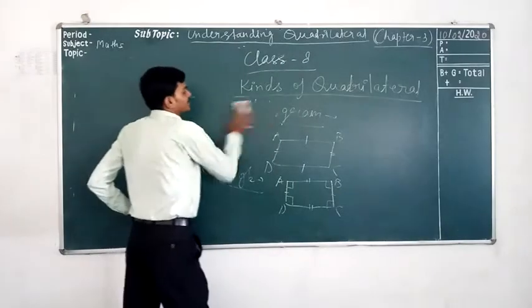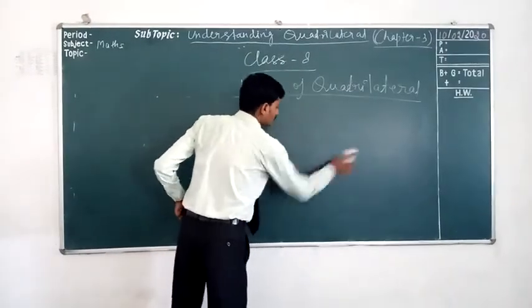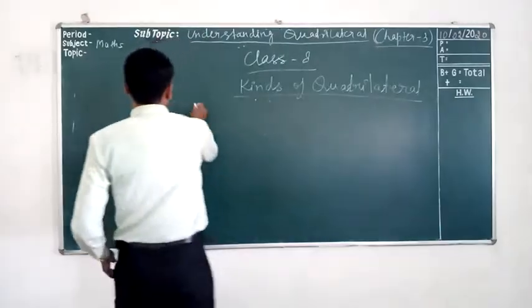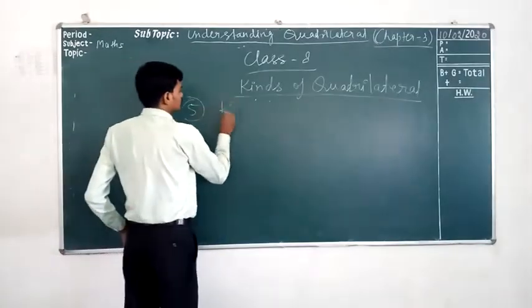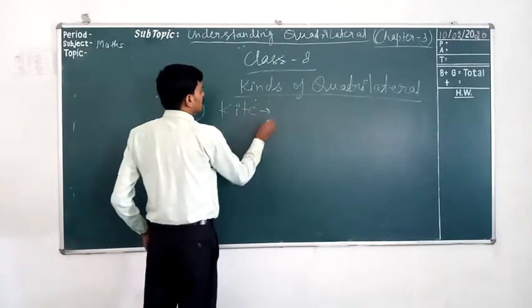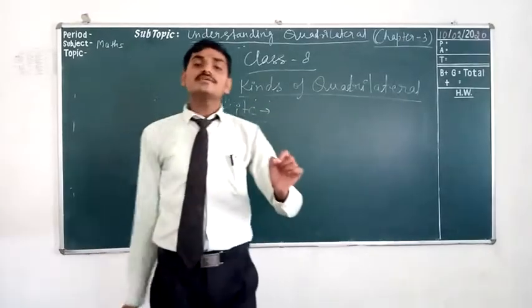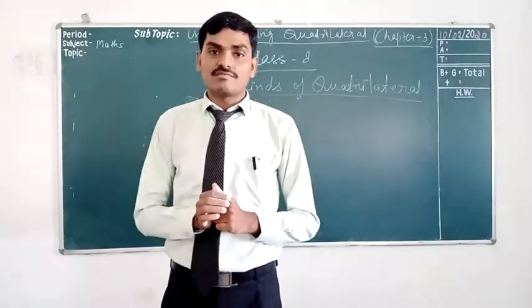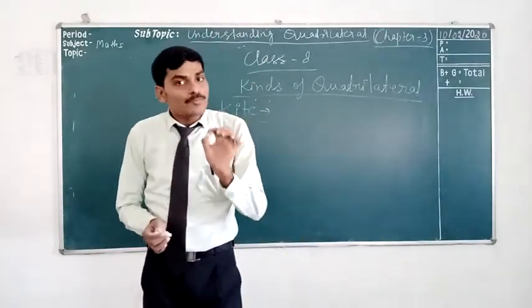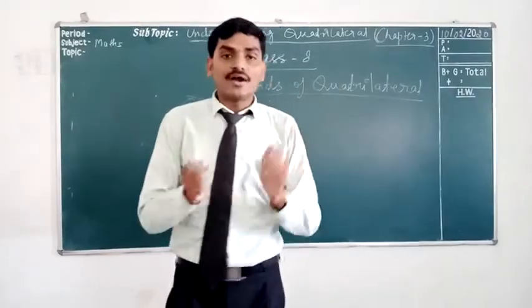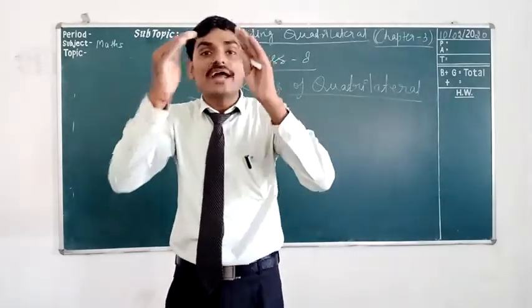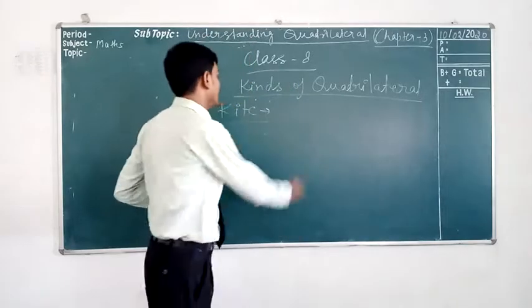Now come to the next quadrilateral, that is the kite. What is the kite? Kite is a type of quadrilateral in which adjacent sides are equal. Adjacent means side by side.